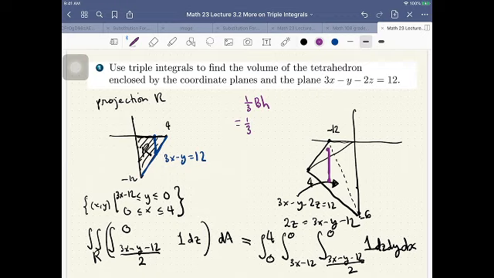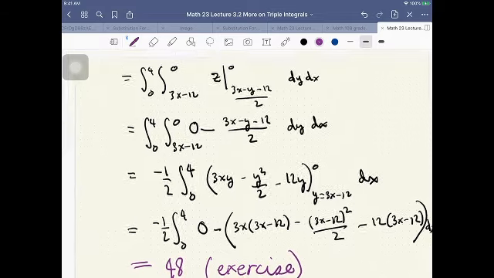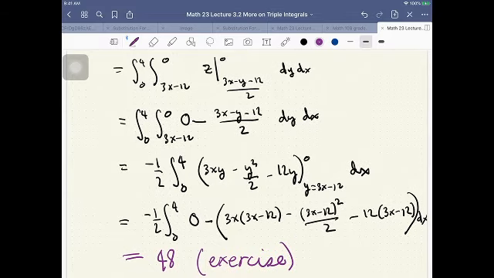The area of the base is 1/2 because it's a triangle, and then the base would be 12, the height would be 4, and then the height of the whole tetrahedron is 6. So 3 times 2 cancels with 6, so this would be 48. After everything, you should get the answer 48. I'll leave this as an exercise in routine evaluation of integrals.